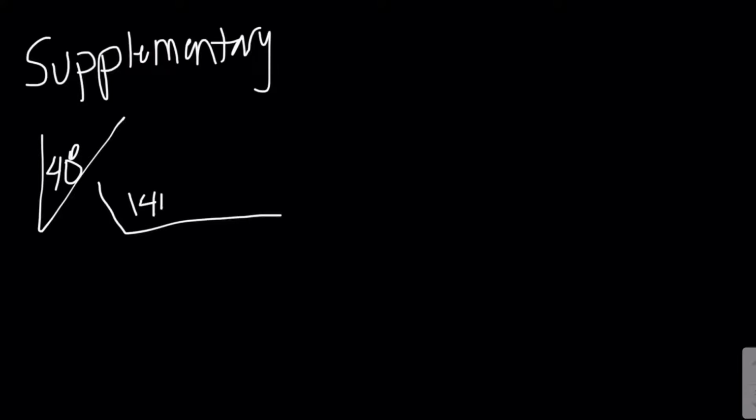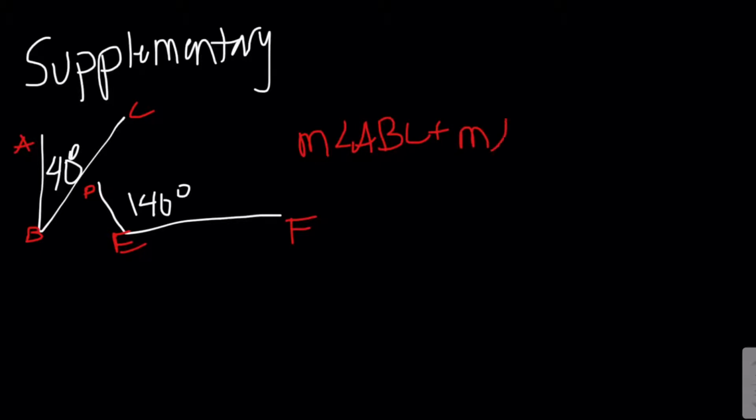are angles that add up to 180 degrees. So one example of this can be this angle is 40 degrees, but then this angle here is 140, and let's label this A, B, C, D, E, and F. So now this would be measure angle ABC plus measure angle DEF equals 180 degrees.